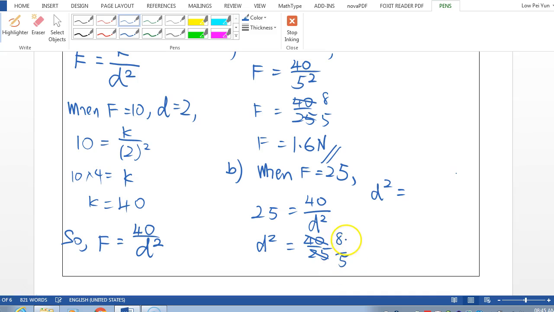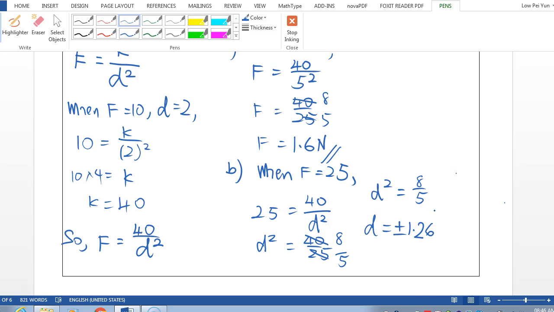We need our calculator to take the square root. Now you are going to remember that there is going to be a plus minus sign. So square root of 8 divided by 5. What do you get? Yes, you will get 1.2623 SF.